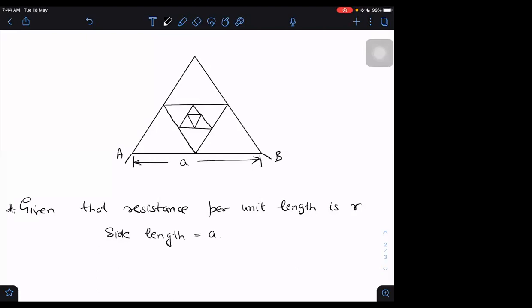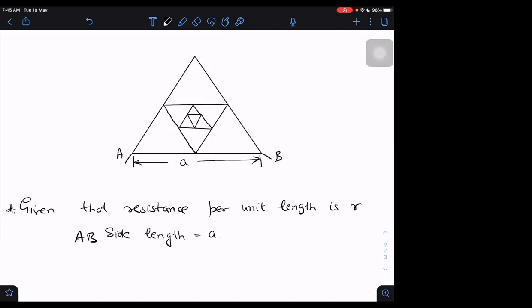Okay. Or I can say simply that the A to B side length is equal to A. This is like the infinite ladder case with ratios, but it is somewhat slightly complicated.